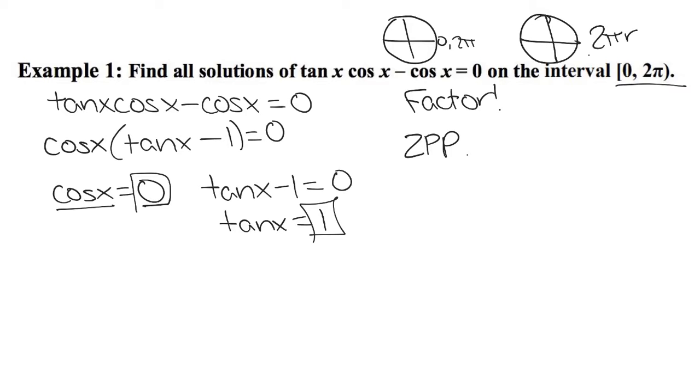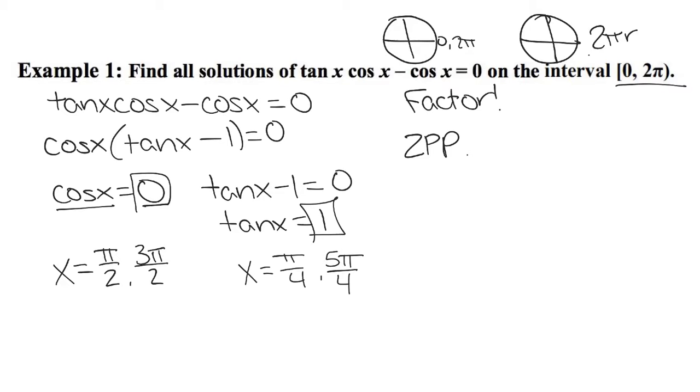I see that cosine x is 0 at pi over 2 and 3 pi over 2. Then I see that tangent is 1 at x equals pi over 4 and 5 pi over 4.